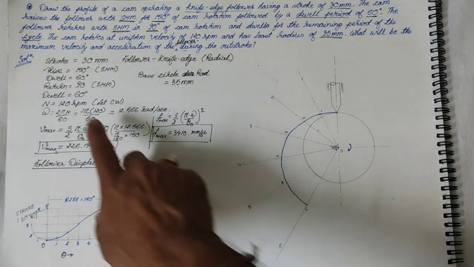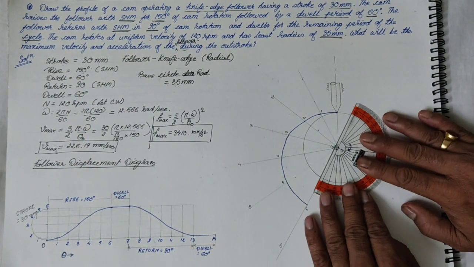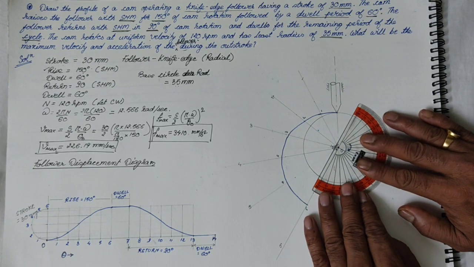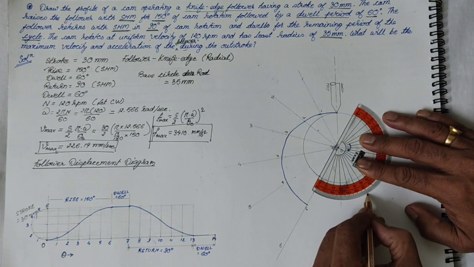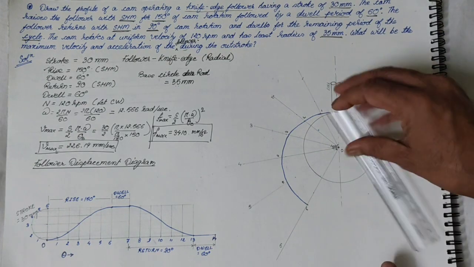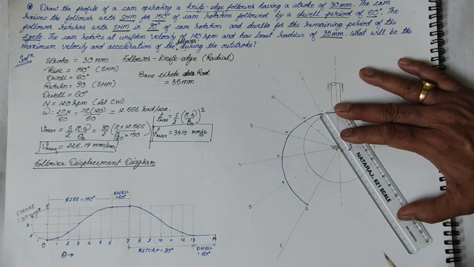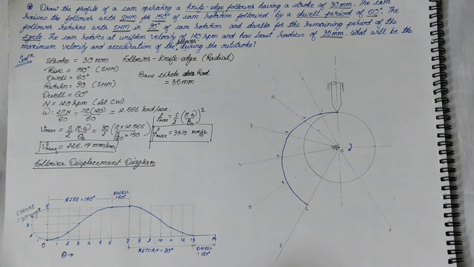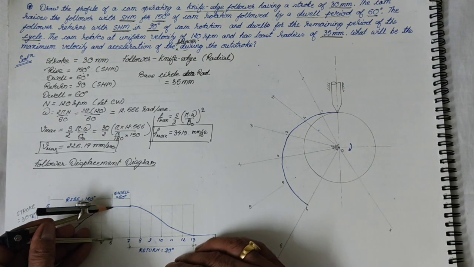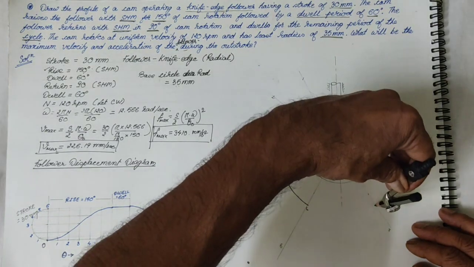Now the follower is going to dwell for 60 degrees. So from here we will measure 60 degrees, from 6th to 7th. So this will be the 7th step. 6 to 7 is a dwell. When it is a dwell, the displacement is going to be the same.